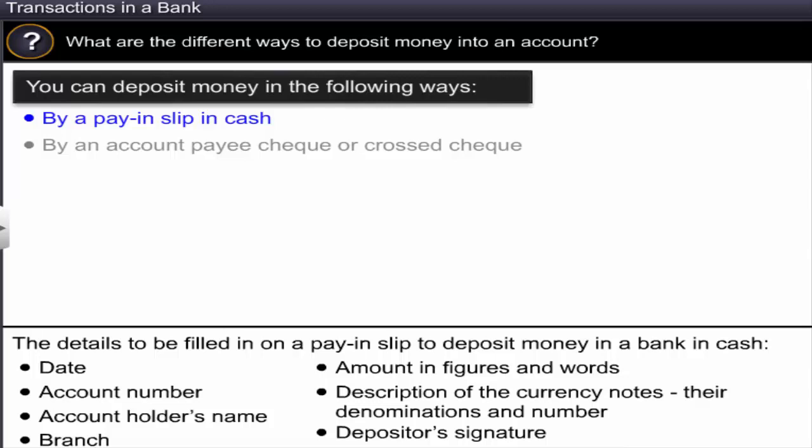It consists of different columns like date, account number, name, branch, amount to be deposited, and the depositor's signature, besides a description of the denomination and number of the currency notes.